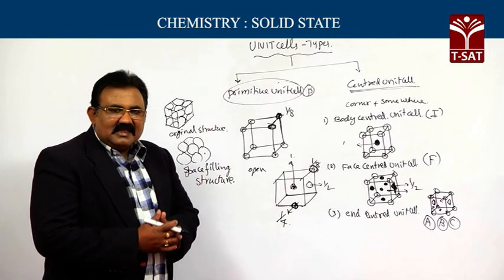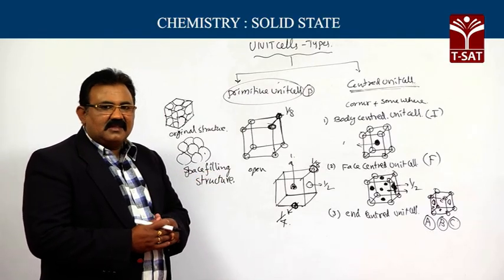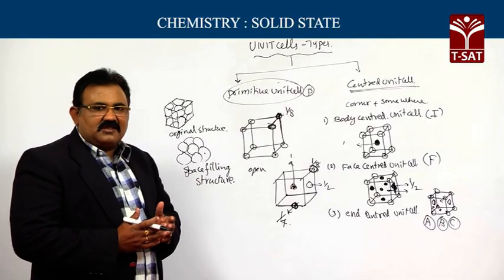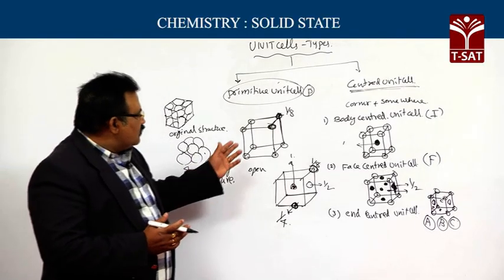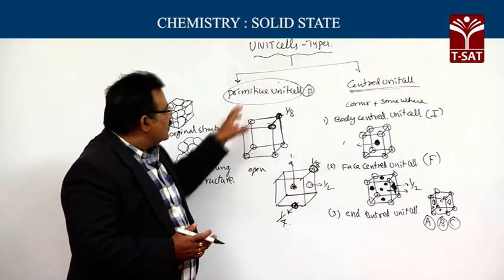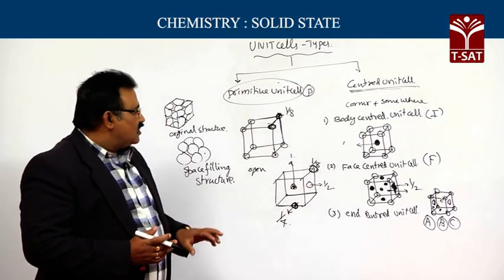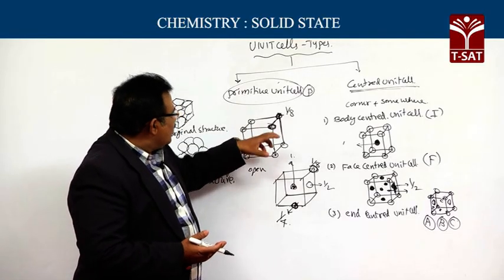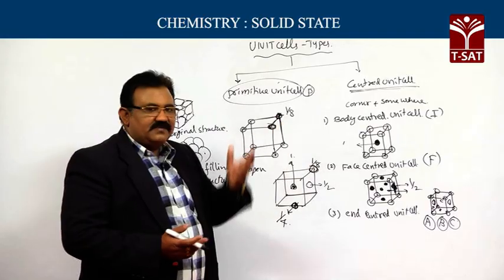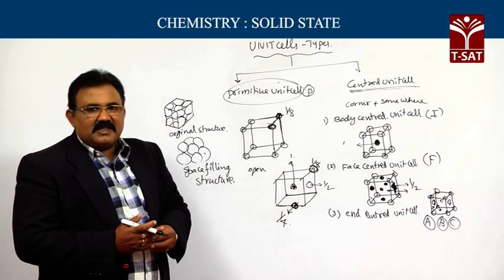Now, in nature there are so many crystals. In any crystal, sometimes all these 4 types of unit cells may be present. Sometimes only one type of unit cell may be present.